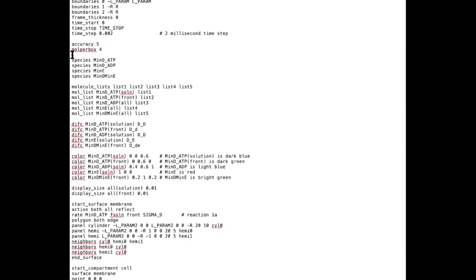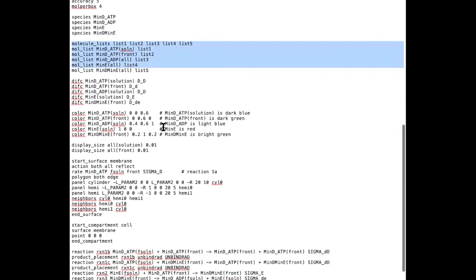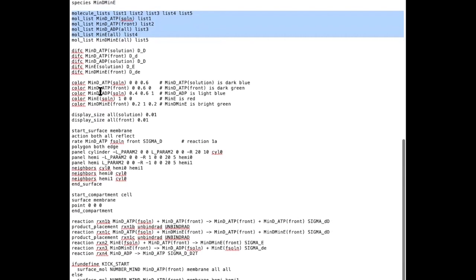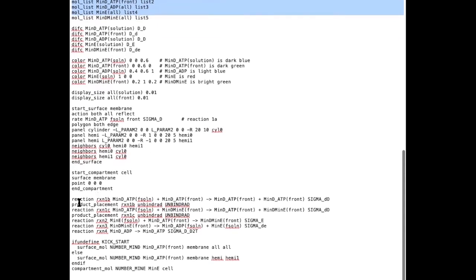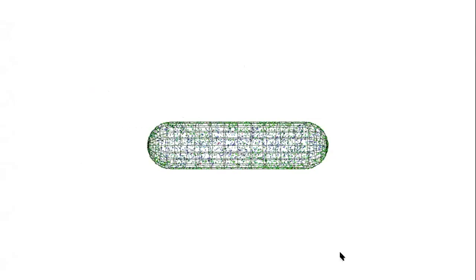We define the species, so MinD bound to ATP, bound to ADP, MinE, and the complex of MinD and MinE. Okay, so this is the initial distribution of the molecules and the colors. Don't worry about all of this. Here, the reactions are defined, and then we run the simulation. So let's just look what that looks like. So I go to the simulation and I run the simulation.